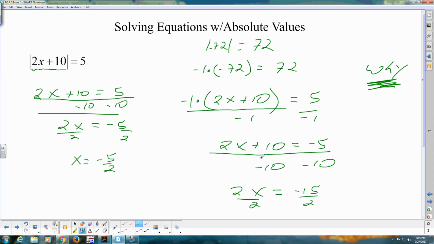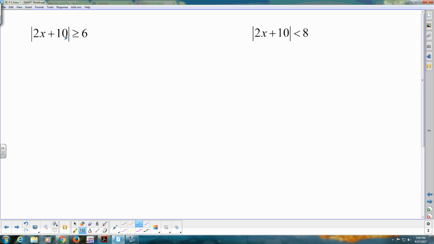This idea of moving the negative 1 over is going to be particularly important now that we're dealing with inequalities. First time around, you take the bars off because you assume the value of that is positive. Second time around, you take the bars off, but you have to assume the value of this is negative, so you multiply it by negative 1 and divide out the negative 1.